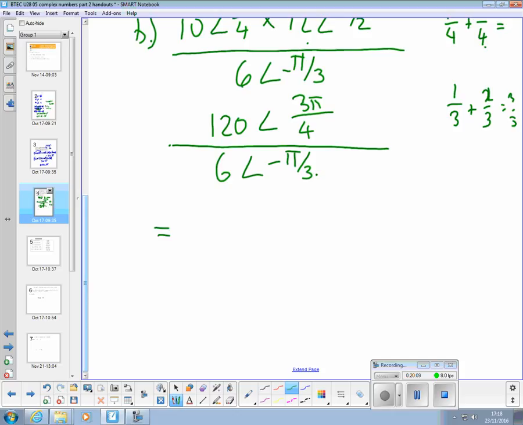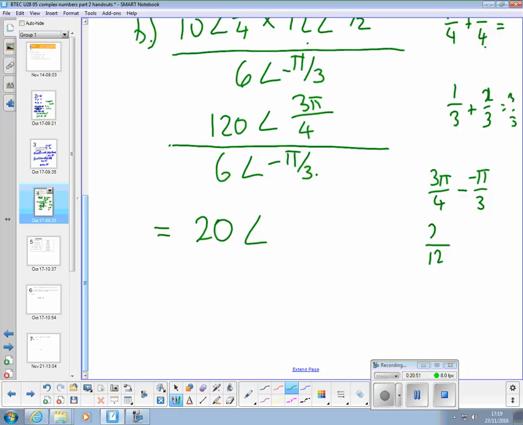Which is angle. So no, we got, yeah, it's 3 pi over 4 minus pi, and that's minus pi over 3. Need to be careful then. What's the common denominator? 12.